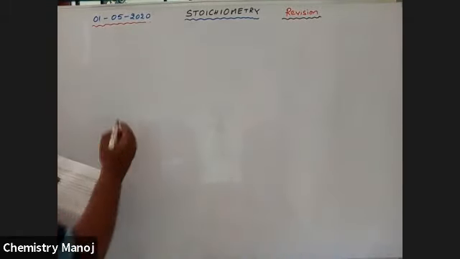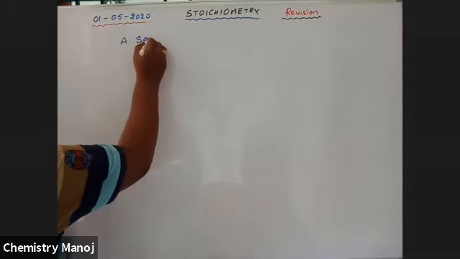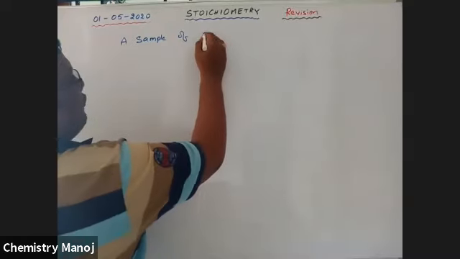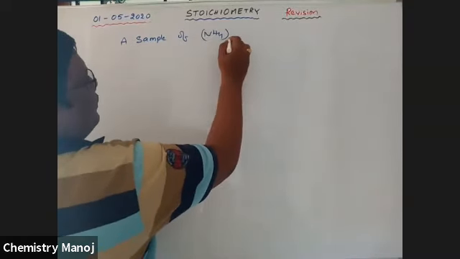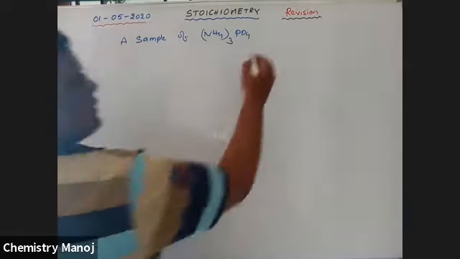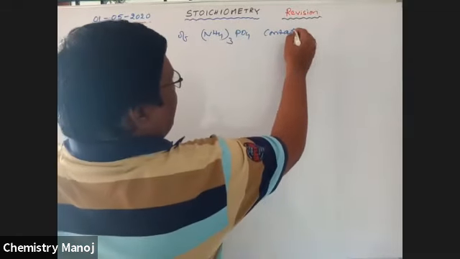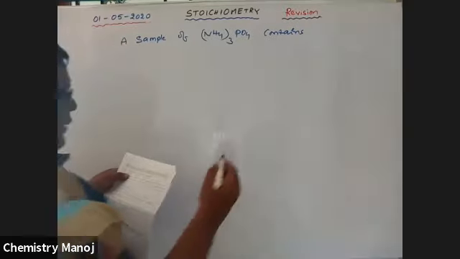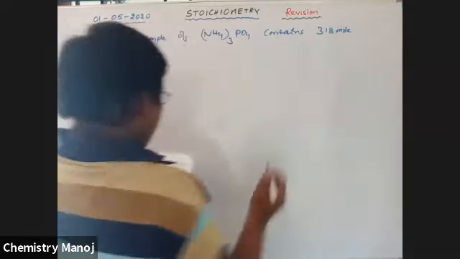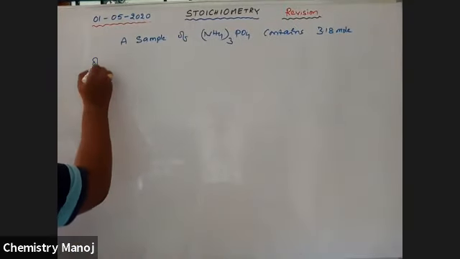A sample of ammonium phosphate contains 3.18 moles of hydrogen atoms.